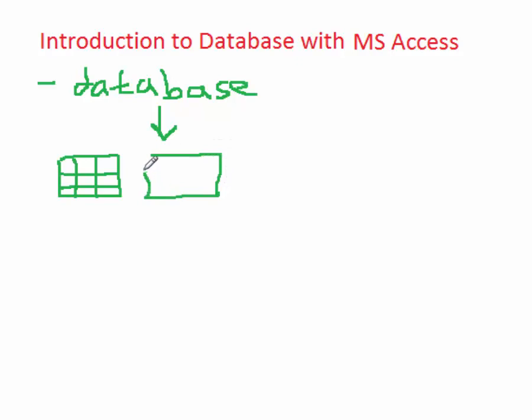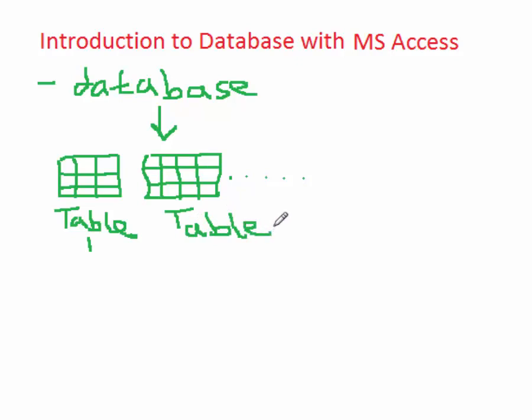And in most databases, you will find most likely 2 or more tables are there. It is difficult to find a database with only one table in real life. So we can have several tables in the database. So this one can be table 1, then this is table 2, like that. And there is a reason which I will tell you later on why you may need 2 or more tables in the database.